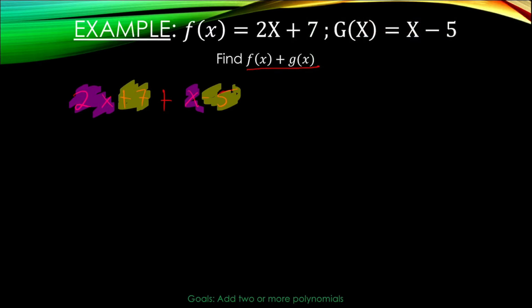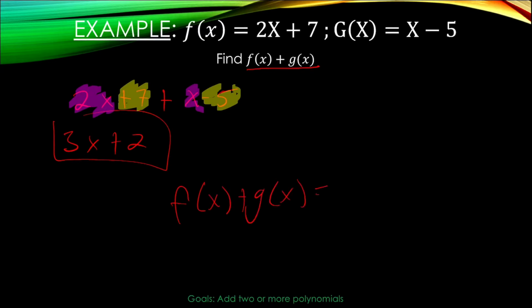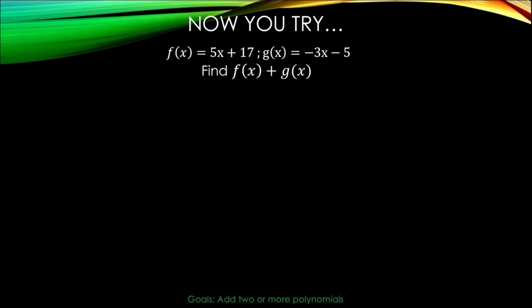We get 2x plus x, which is 3x, and 7 minus 5 is plus 2. So I know f of x plus g of x equals 3x plus 2.